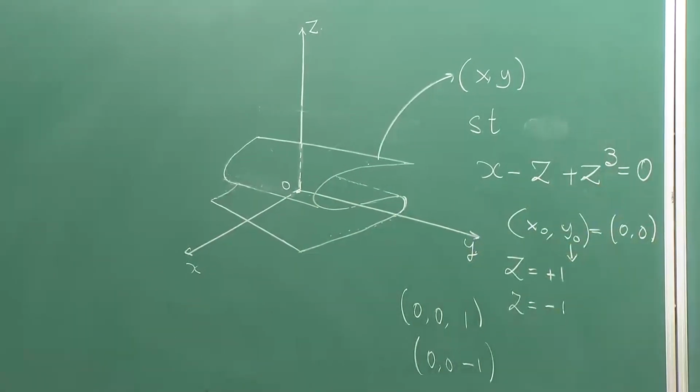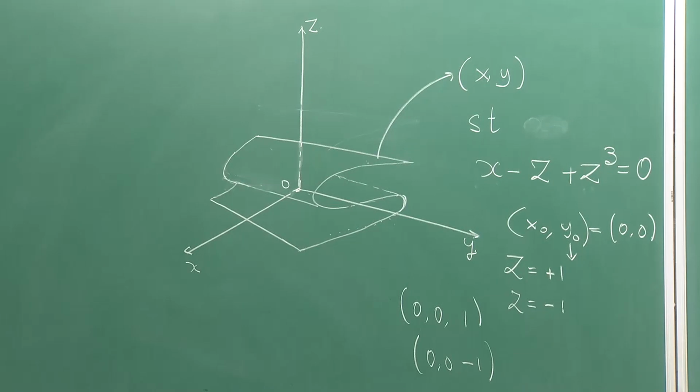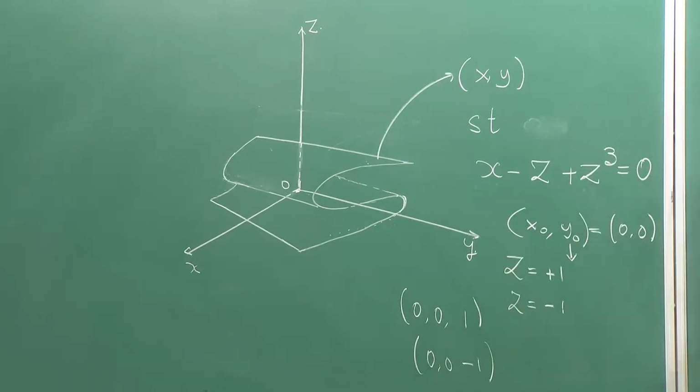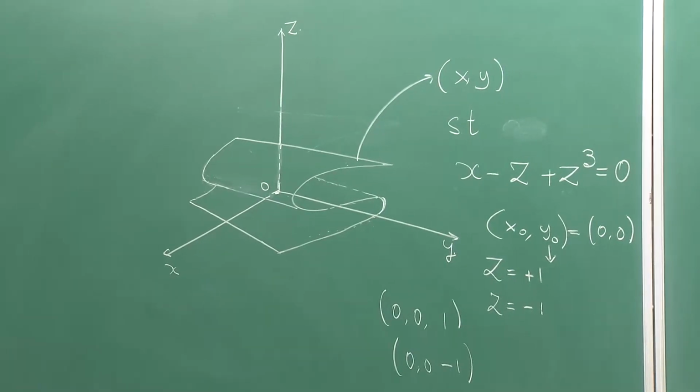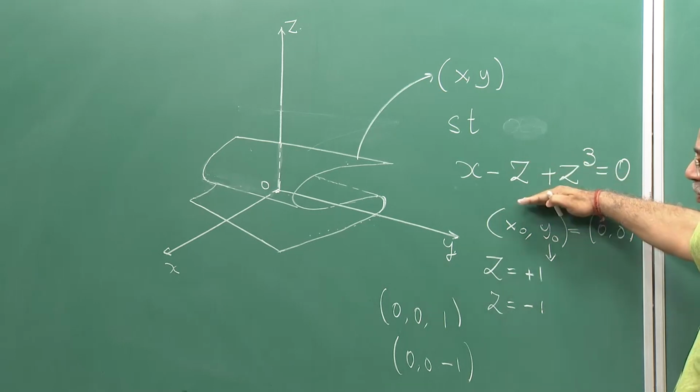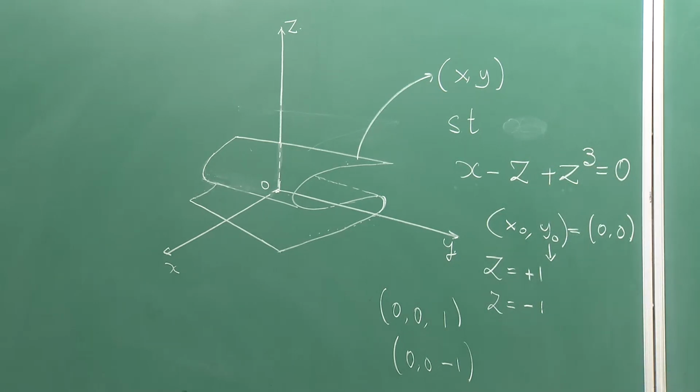But if it has to represent a function, there has to be only one z corresponding to this (0, 0) point; there cannot be more than one z. So, every surface, though it can have an algebraic representation, need not represent a function. This is a very important thing to remember. That is true about curves too.